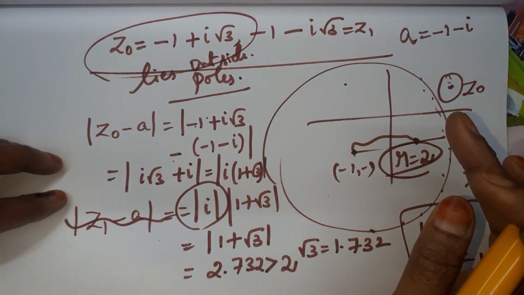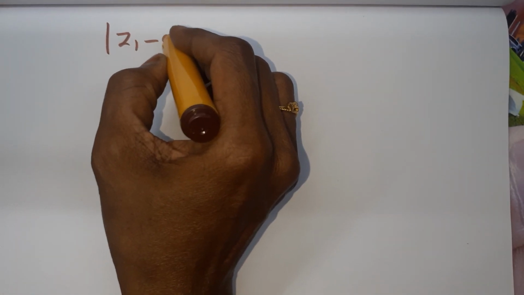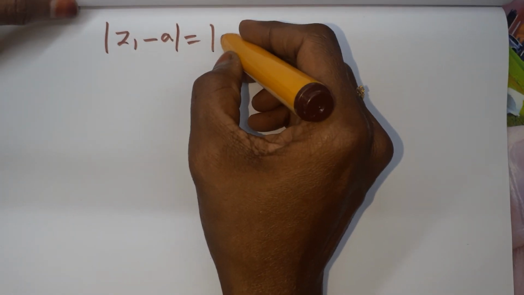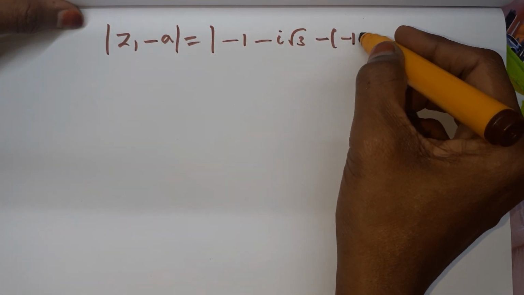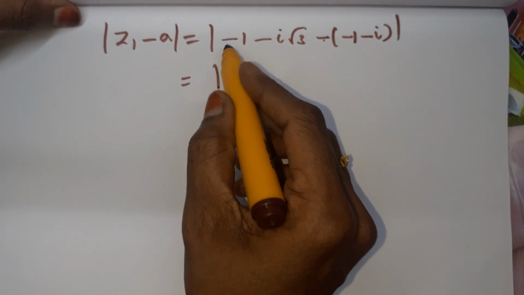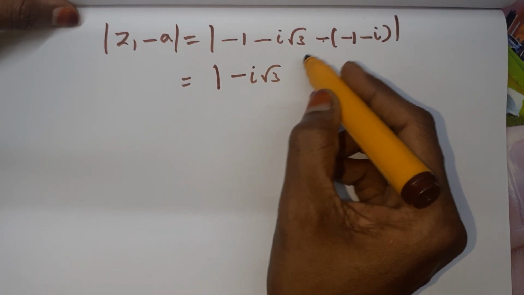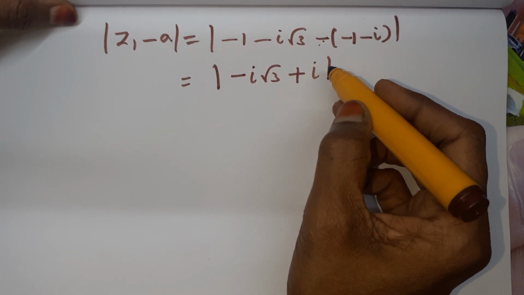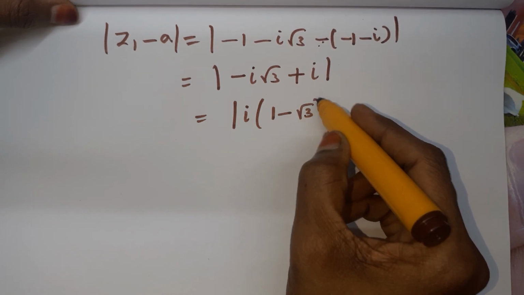So for that I am going to calculate modulus of z1 minus a. z1 is minus 1 minus i root 3, and a is minus 1 minus i. So minus 1 plus 1 will get cancelled. This is minus i root 3 minus of minus i. Both have i common, so 1 minus root 3.